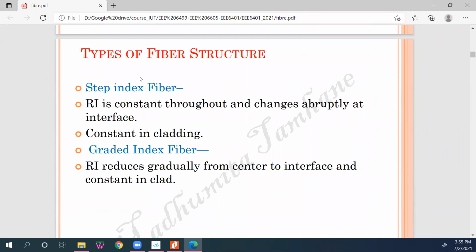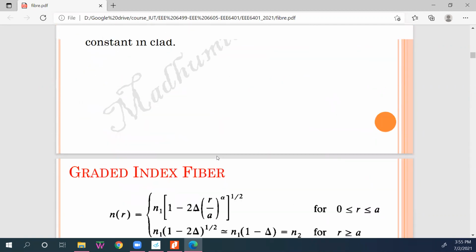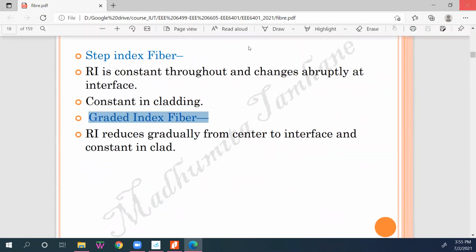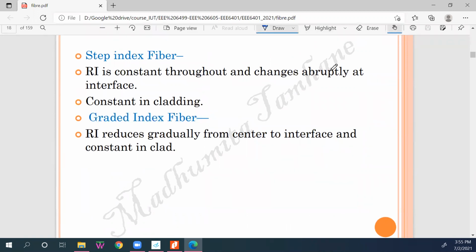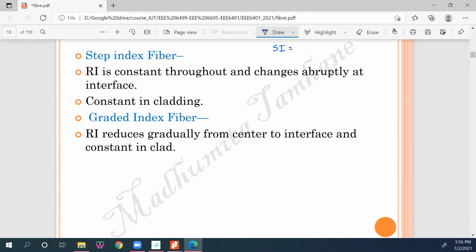Okay, so step index fiber and gradient index fiber. For step index fiber, let me write here. What is the refractive index? N is N1 in the core, right? And N2 is in the cladding.